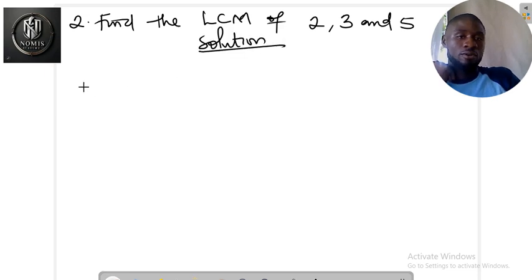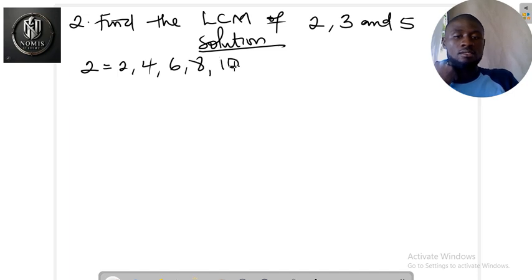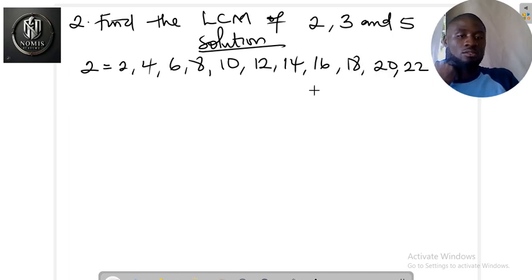Then we'll find the multiples of 2, 3, and 5. So let's begin. 2: 2, 4, 6, 8, 10, 12, 14, 16, 18, 20, 22. Let's stop there.